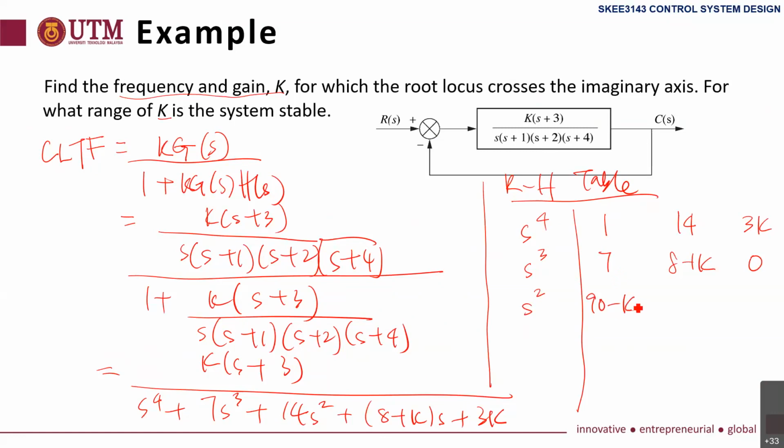I just write the answer: for s to the power of 1, minus K squared minus 65K plus 720 divided by 90 minus K, and s to the power of 0 is 21K.